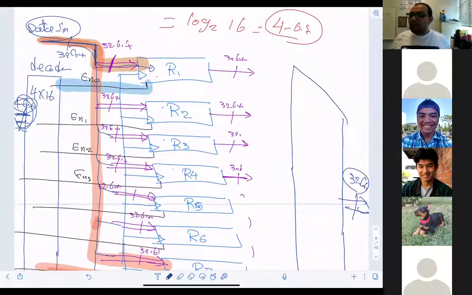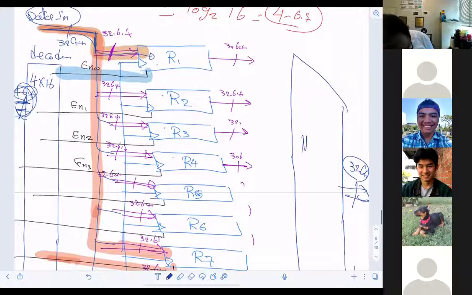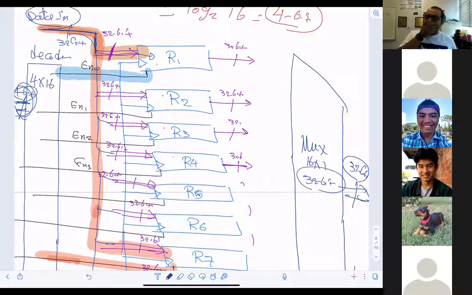Each multiplexer will be what? It will be a 16 to 1 mux, 32 times. Why?